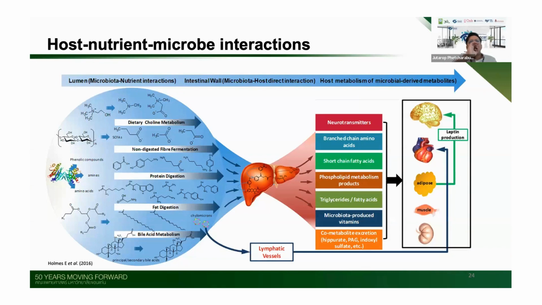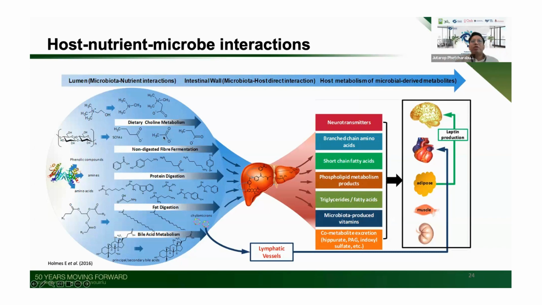In this slide, I would like to give you an overview of the research example that I will give in this talk. Basically, in our human body, we have host-nutrient-microbe interactions, right? Our GI tract harbors millions and millions of microbes, and these microbes play very vital roles in several metabolic functions of us as a host.